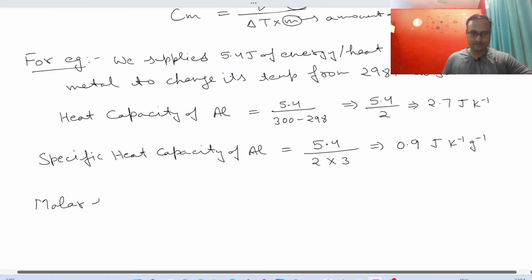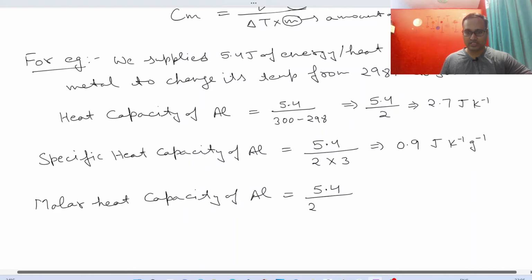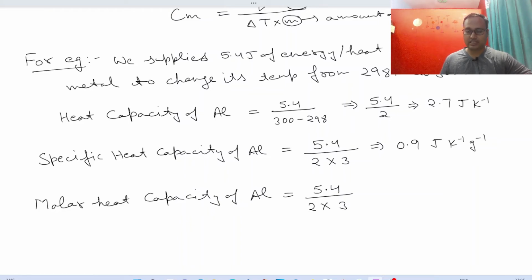Let us calculate the molar heat capacity. Molar heat capacity of aluminium can be given as the amount of heat supplied, 5.4, upon the change in temperature of 2 Kelvin, into the amount which we have taken, 3 gram, divided by its atomic mass, that is 27.